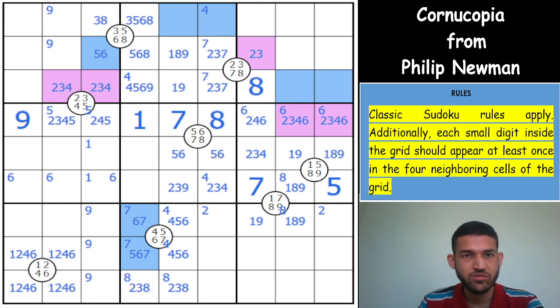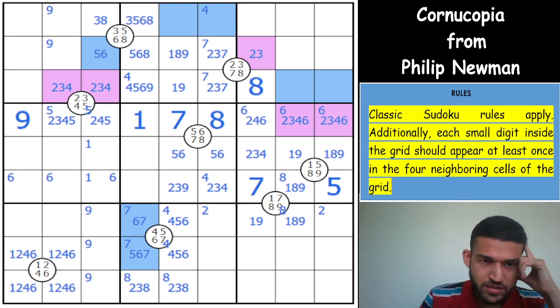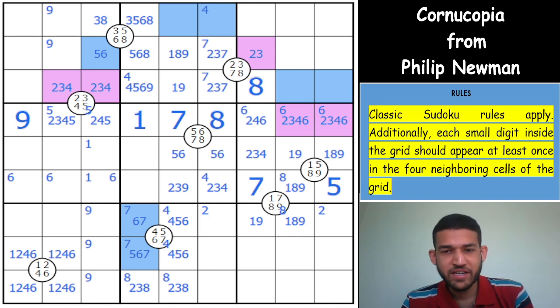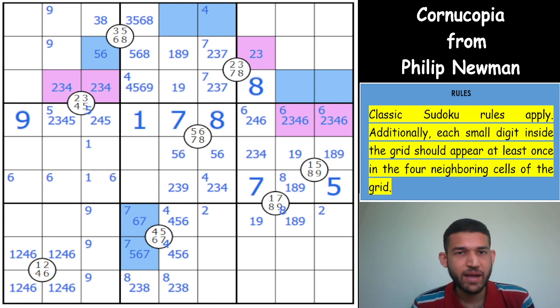This is a really nice Sudoku, I would say. So I just need that one digit. I think after that it should flow really nicely because it's all so tightly packed. Just one digit should give a lot of information.